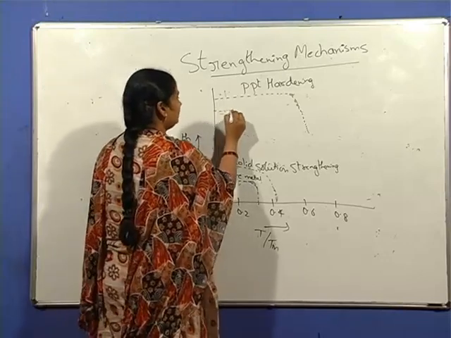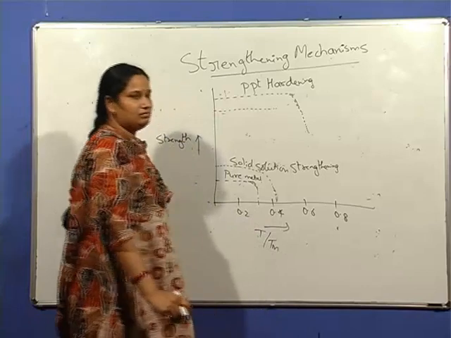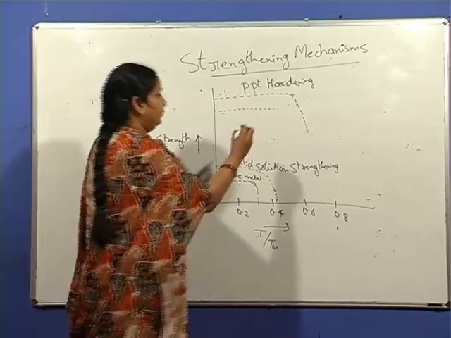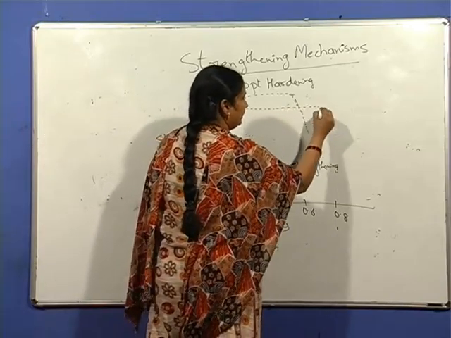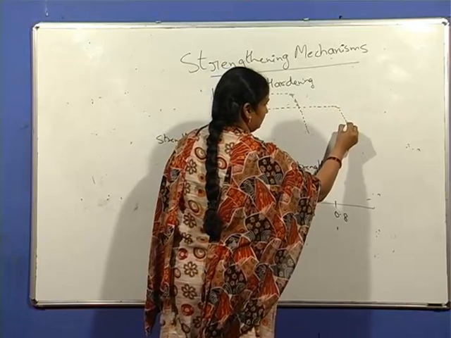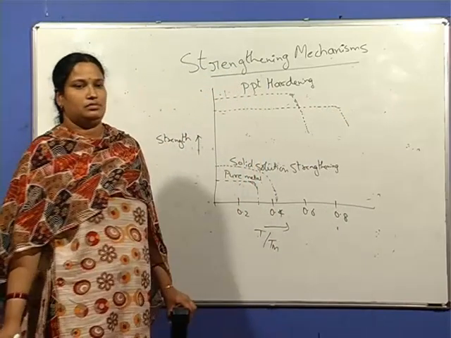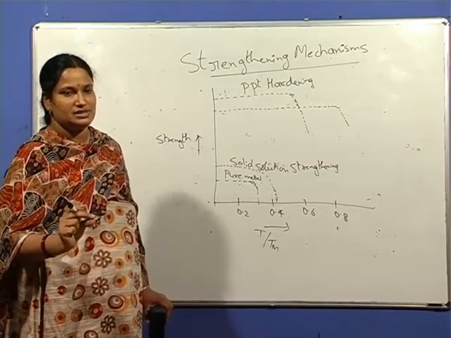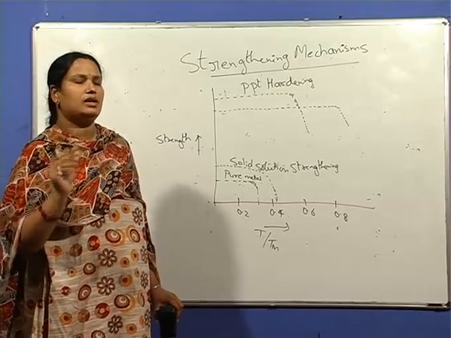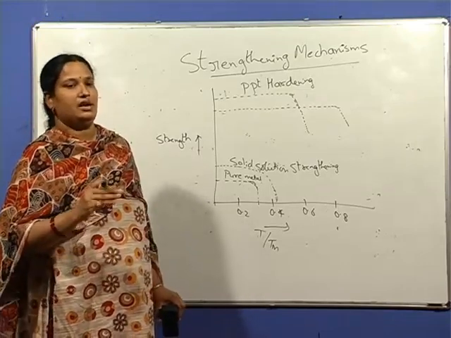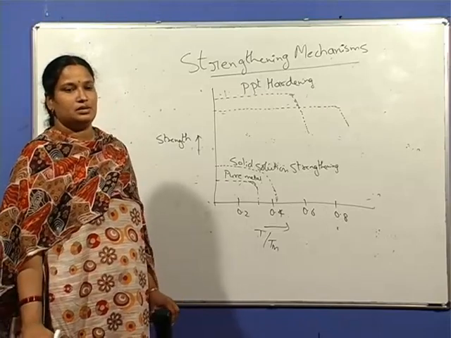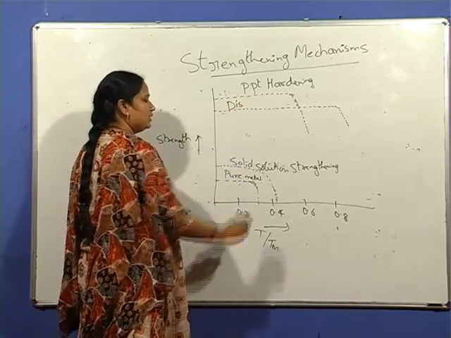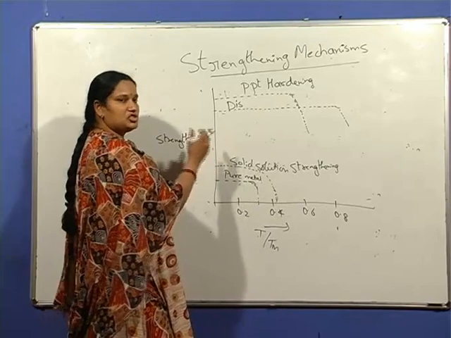Whereas dispersion strengthening has comparatively lower strength than precipitation strengthening, but even at higher temperatures, at about 0.8, it can retain its strength because the dispersoids do not coarsen, or coarsen to a very small extent at higher temperatures. So this is about the three types of strengthening mechanism with respect to temperature and their strengths.